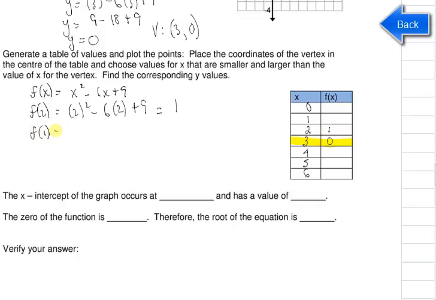Next, I want to find out what my y coordinate is if x is 1. So I'm going to find f of 1, and I'm going to plug in 1 for x this time. And I get 4. And so I have a point on my graph which is 1 and 4. And then I'm going to plug in 0 for x, so I'm going to find f of 0.